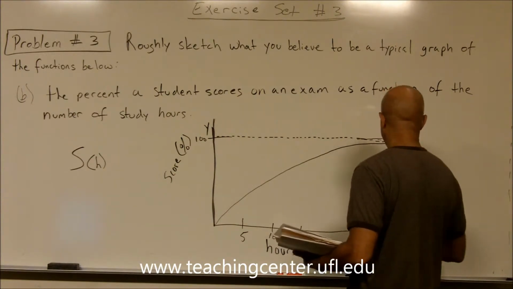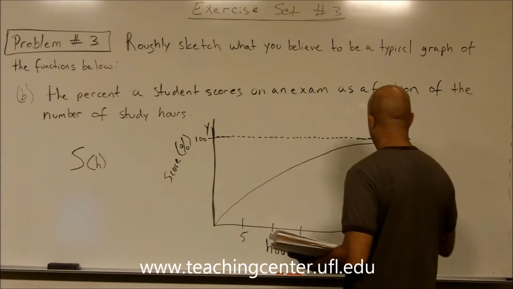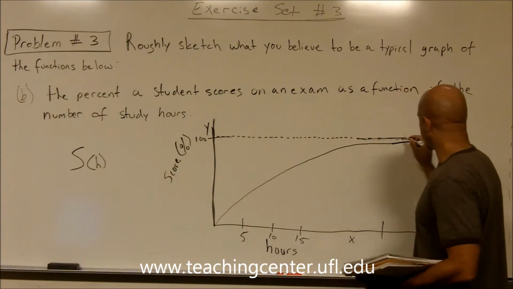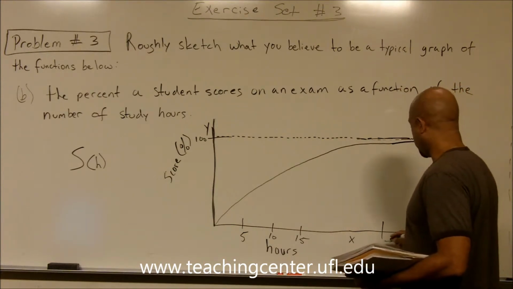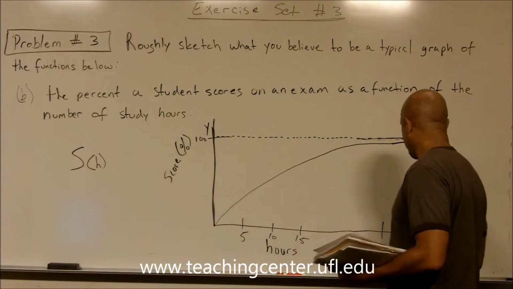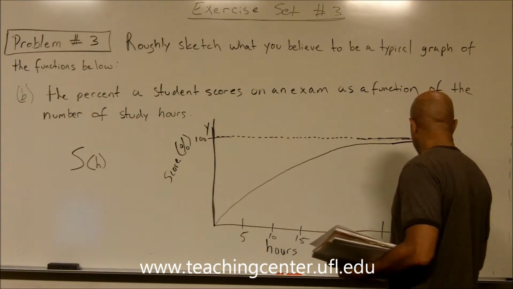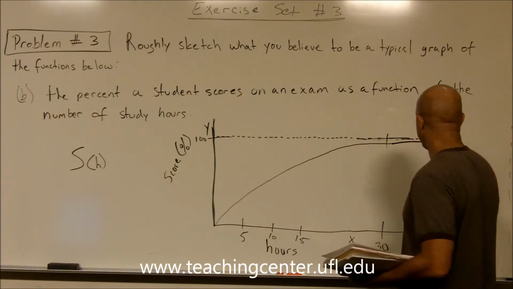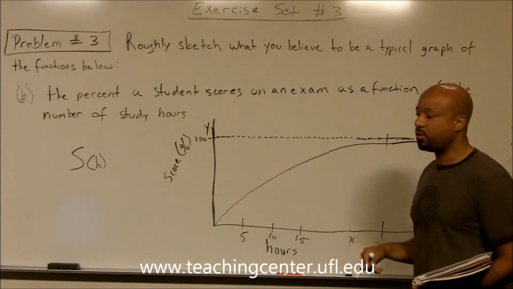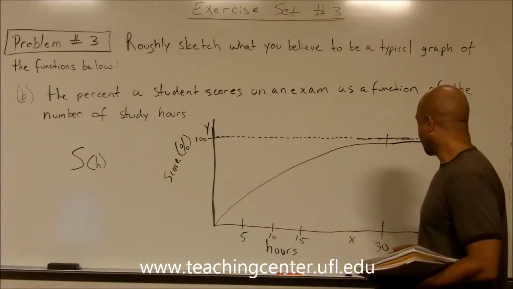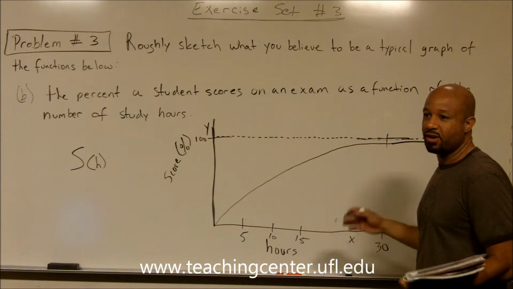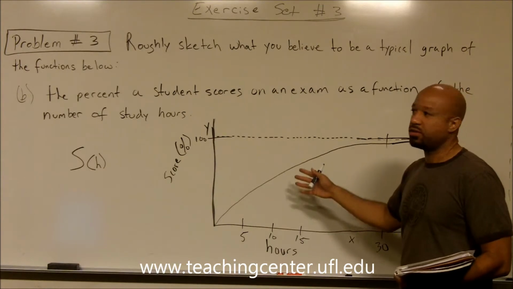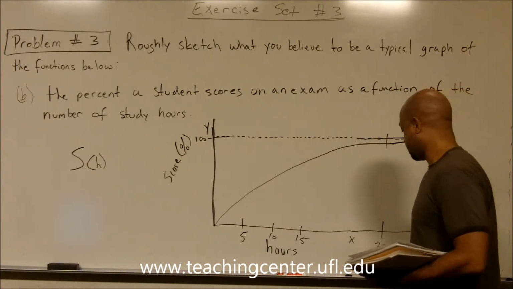And it doesn't matter how much a person studies after a certain amount of hours. Let's say they studied 30 hours out here. A person who studied 30 hours is going to score 100%, and a person who studied 35 hours is going to score 100%. So you definitely don't want to study 35 hours to get 100% if you can study 30 hours. So this is what the plot of this function would look like.